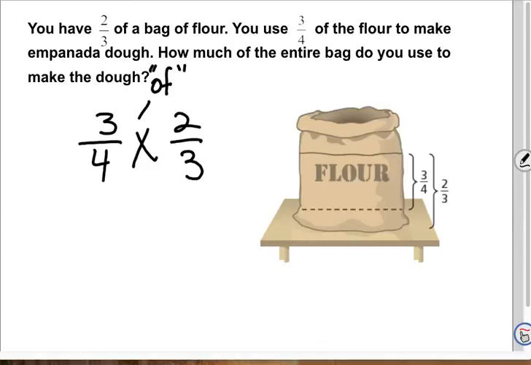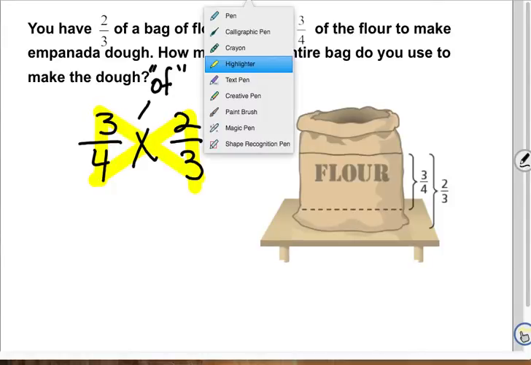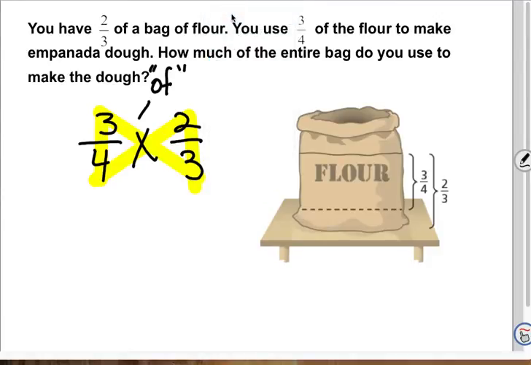Okay? So, with the bow tie, can I simplify? I'm going to put my bow tie on, looking up and down. Can't do it there. What about the diagonal? 3 divided by 3 equals 1.